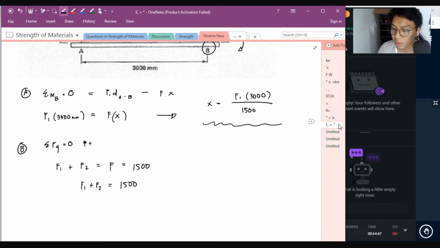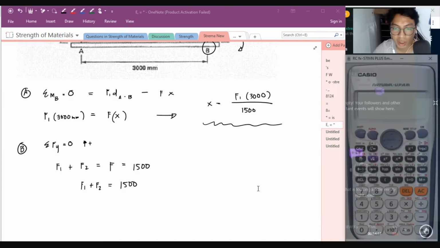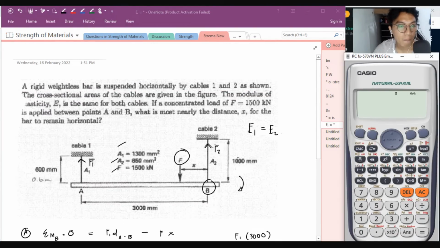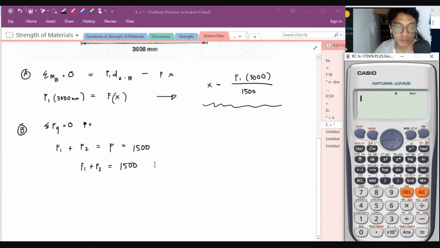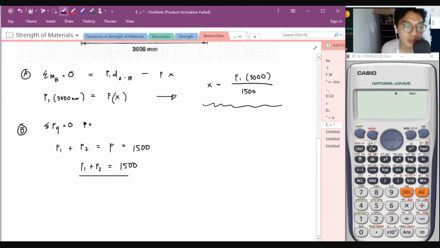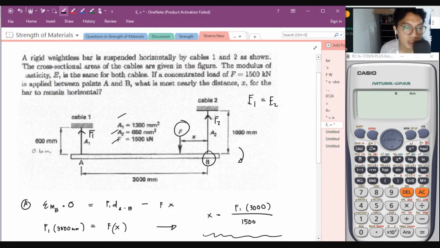Meron pa ba tayong iba na nakikita dyan? Wala pa. So, tuloy lang tayo ng solving. Ito yung equation na pangalawa. So, letter C, what if? Ibig ko sabihin dito, yung deformation na mangyayari dito is the same as the deformation na mangyayari dito. Bakit? Pareho lang po sila ng elasticity.